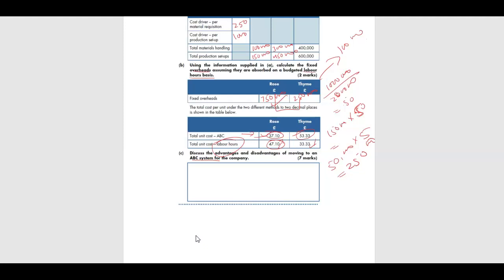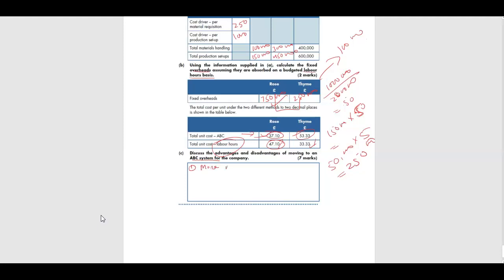So what is the main advantage you will get if you move to an ABC costing method, and the disadvantage? So let's write some points here. The first point we're going to write: more accurate information I'll get by using ABC costing.